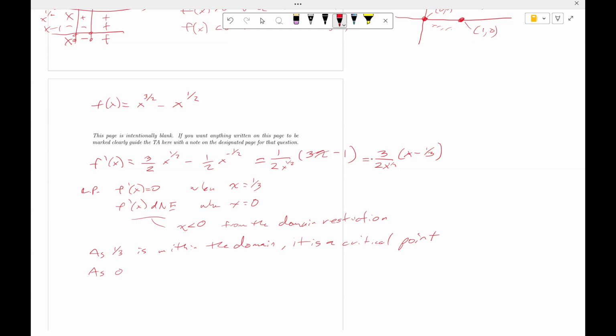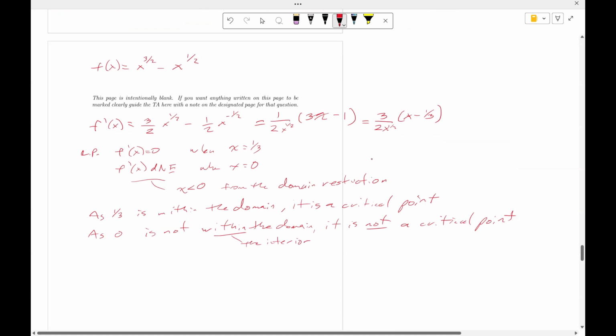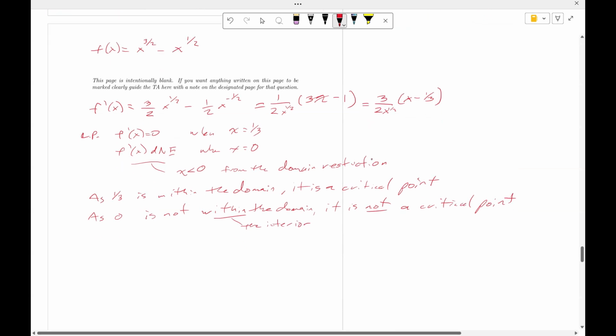As 0 is not within, remember, even though it's in the domain, it's not within the interior, so it is not a critical point. And the textbook uses the phrase within to mean within the interior. So if you want to add within the interior, be my guest.